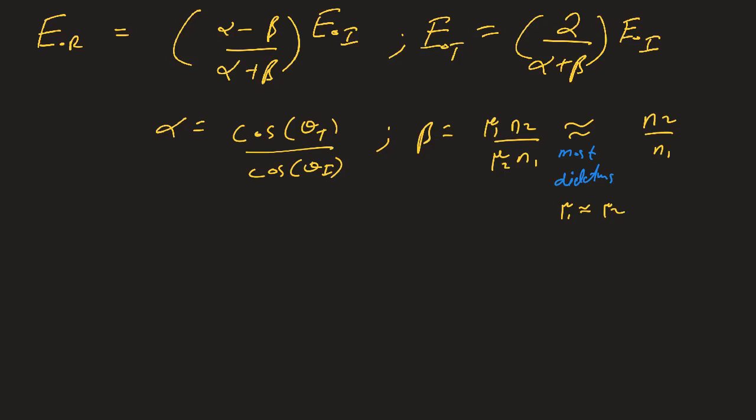But one very interesting thing, and we explored this a bit in the homework problems also, was that when alpha becomes equal to beta, then E naught R becomes equal to 0. And what's the free parameter here? The refractive indices are constants. n2 and n1, for a given electromagnetic wave, are constant.